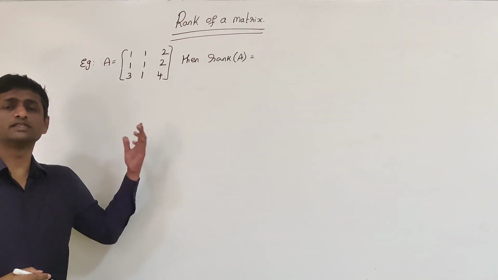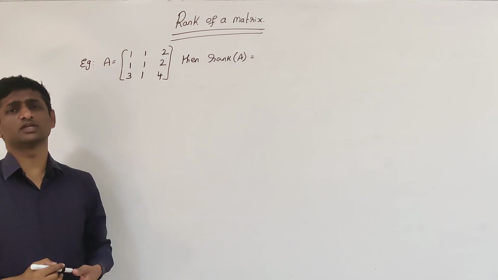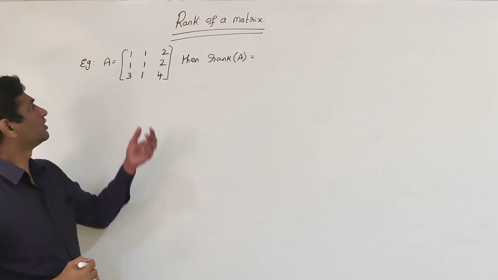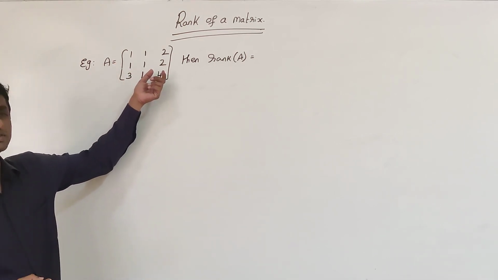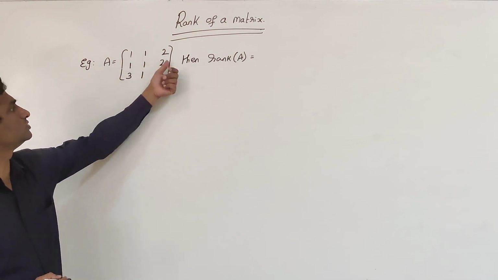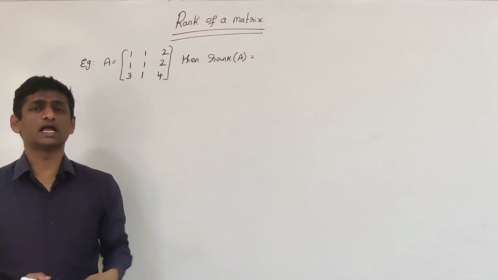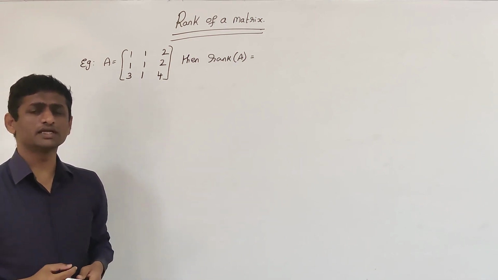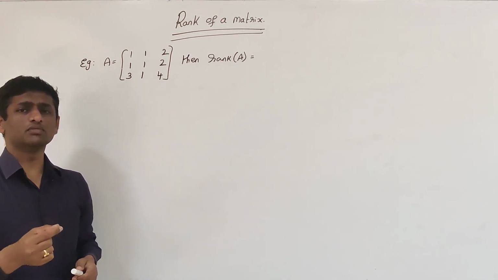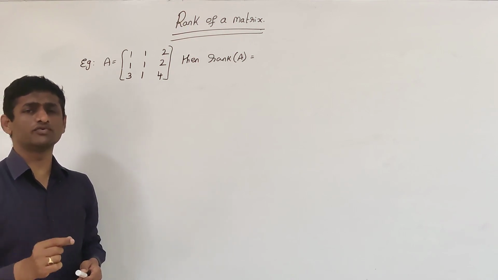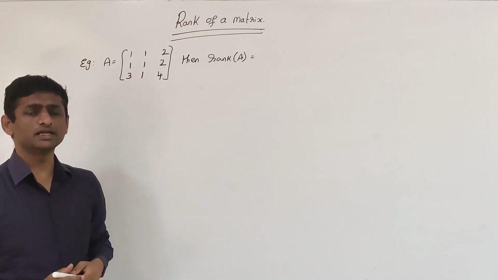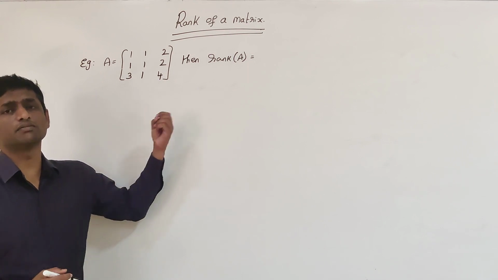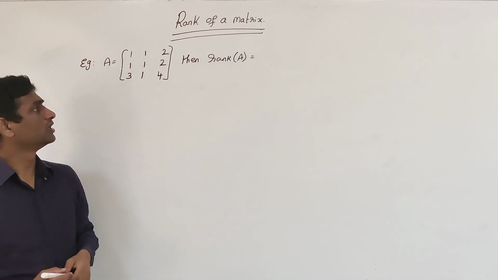Now one more example on how to find the rank of a matrix. If A is a matrix of order 3, with rows 1 1 2, 1 1 2, 3 1 4, then what is the rank of A? The rank is the maximum of the orders of non-singular square submatrices.